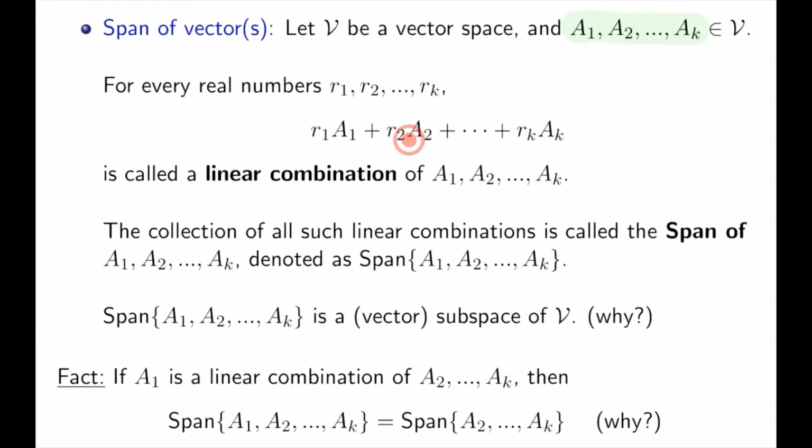This form is called the linear combination of A1, A2, and up to AK. The set of all linear combinations that can be formed from the k vectors is denoted as the span of the k vectors. And the span of the k vectors is in fact a subspace of the bigger space that we started with.